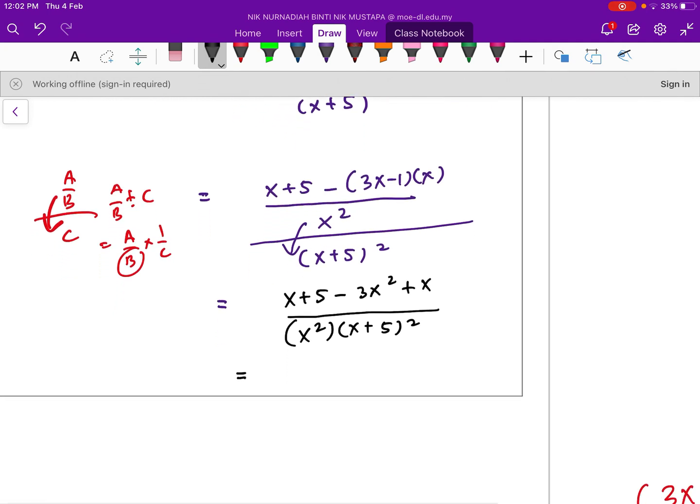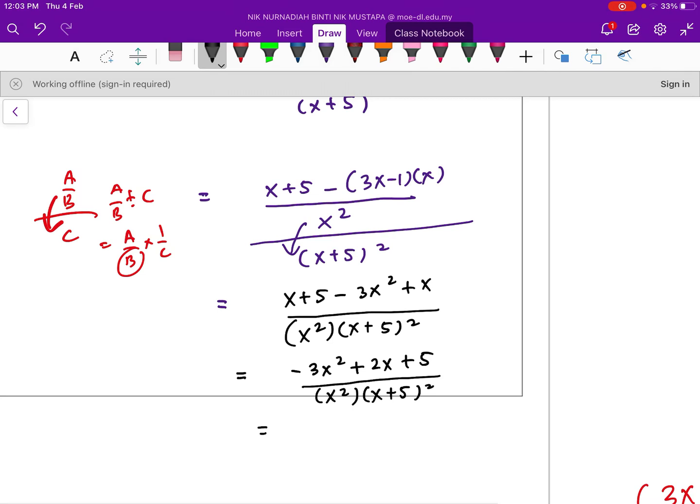Okay, and then we simplify. It will become negative 3x square plus 2x plus 5 over x square times x plus 5 square. So, kalau kita nampak dekat atas tu, dia dalam bentuk quadratic equation. Yang mana kita boleh cuba faktorkan. Boleh difaktorkan tak? So, kita cuba.